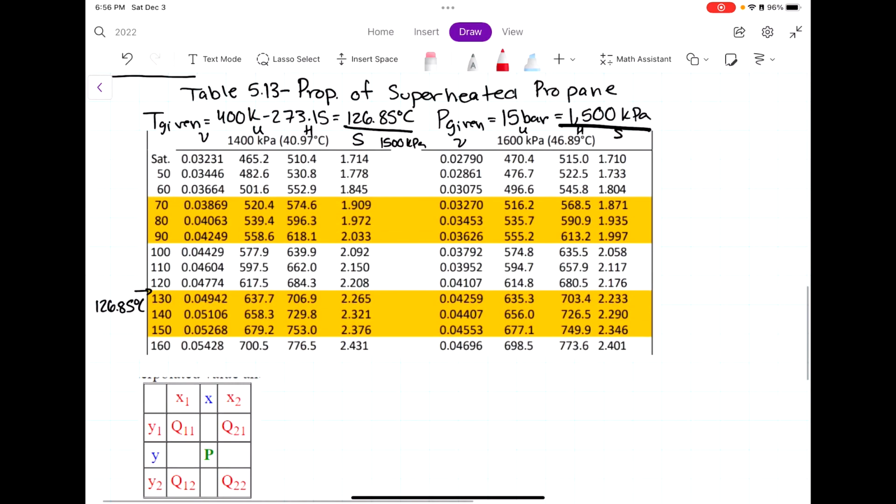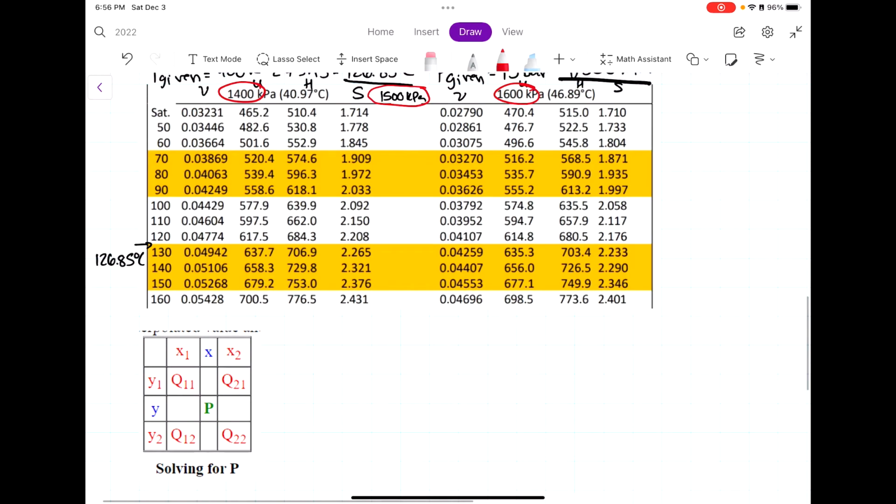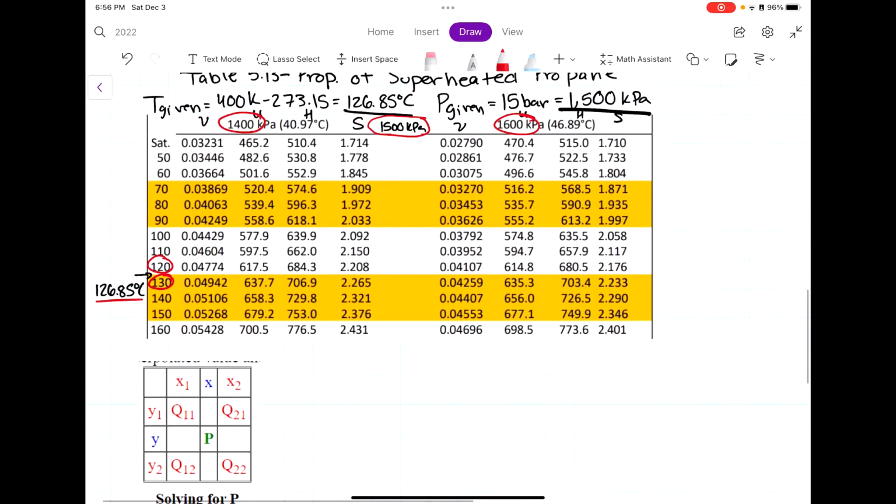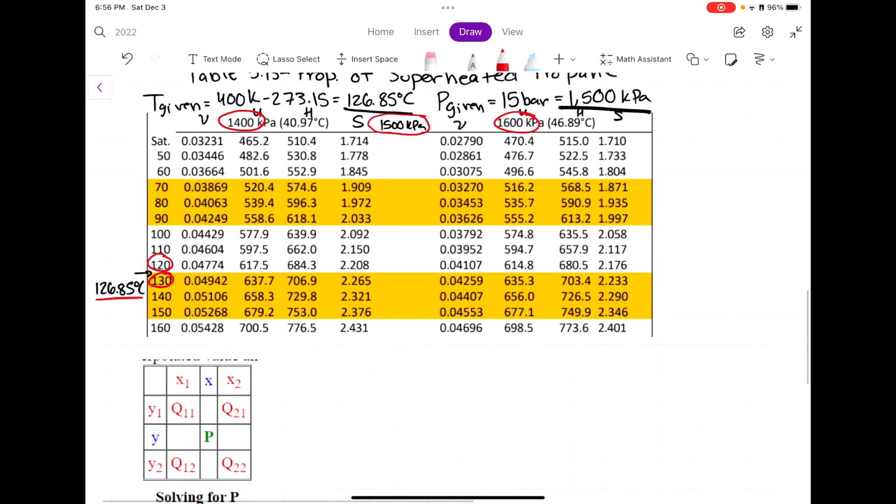I'm going to need my upper and lower bounds, plus the actual place I want to look for, and the same thing for the temperature. And since we're looking for a specific volume, we're going to be looking at these four values.